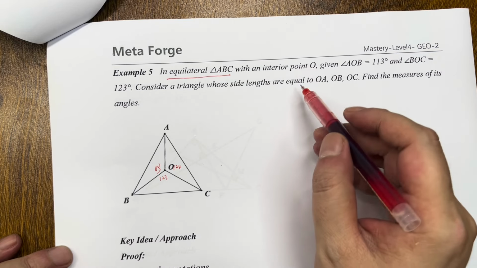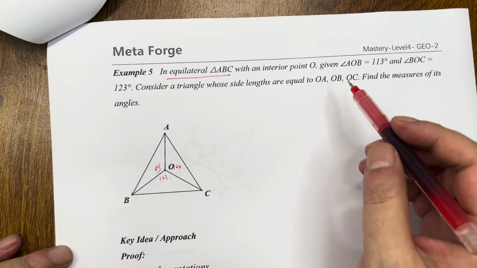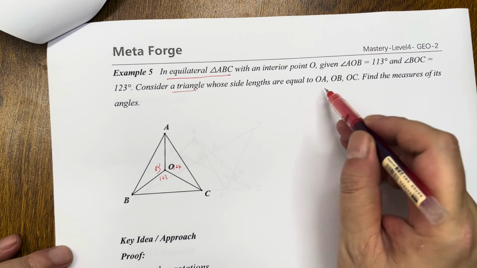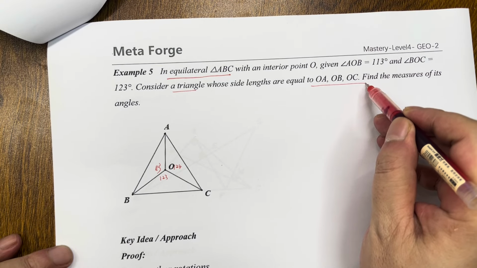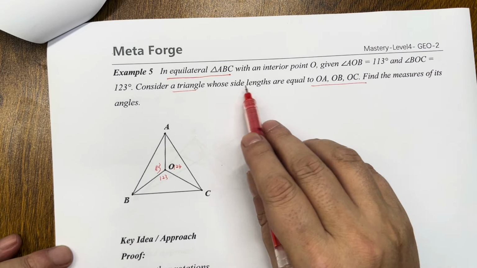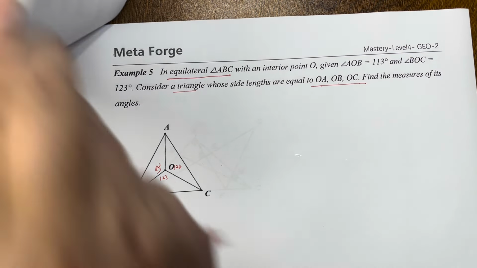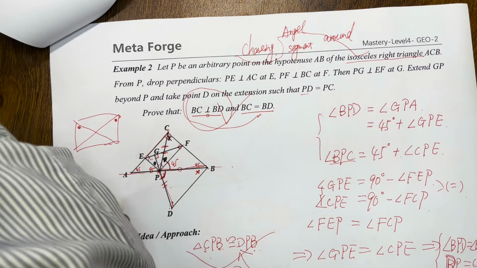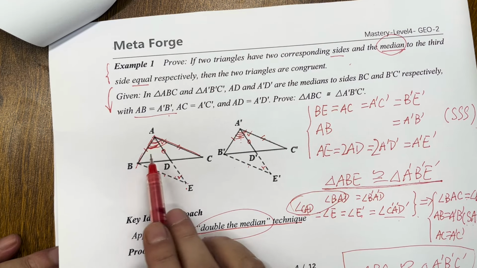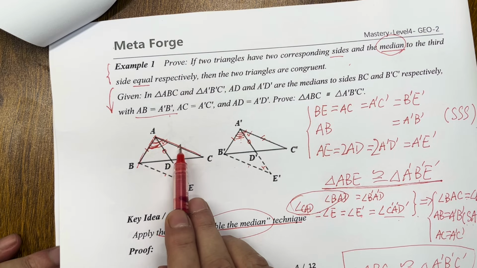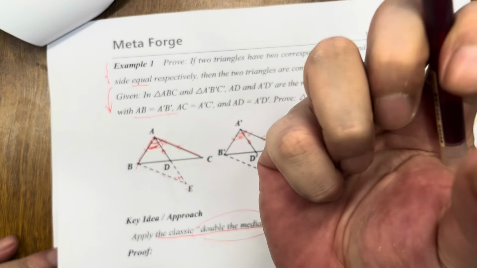The question is to find a triangle formed by OA, OB, OC. Their side lengths are OA, OB, OC. Where is the triangle? You must draw it out. You must organize these three lines to form a triangle.